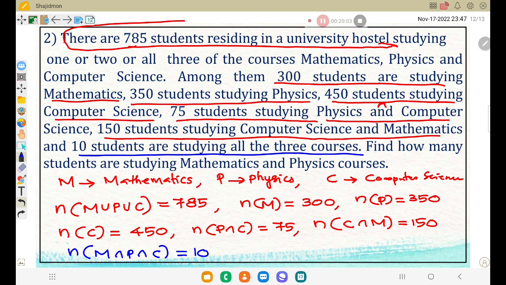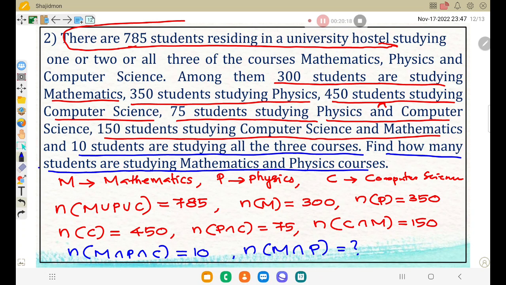I hope you understood all this. Now what is the question? Find how many students are studying mathematics and physics. So the number of students in mathematics intersection physics equals how much? This is the question.